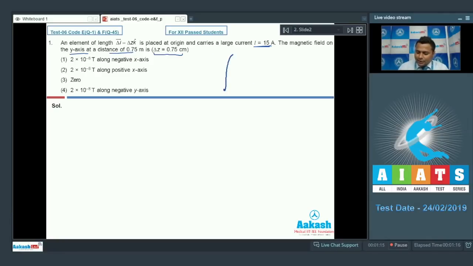According to Biot-Savart law, the magnetic field due to small current carrying element IDL at any point P making an angle theta will be given by dB equals mu naught IDL sine theta divided by 4 pi r square.